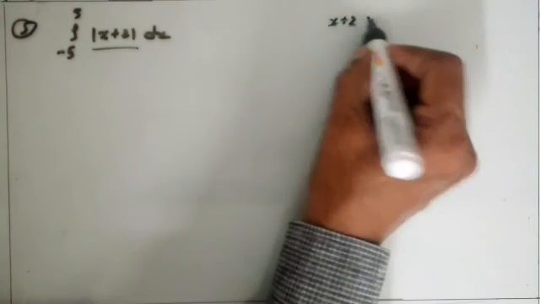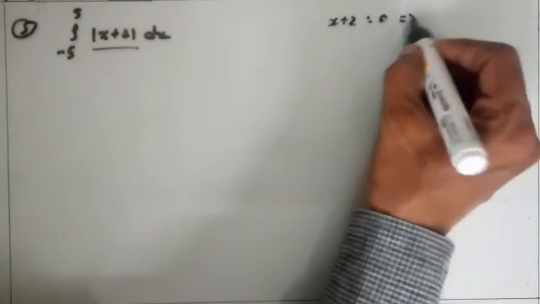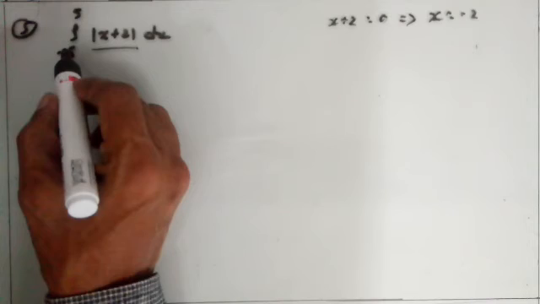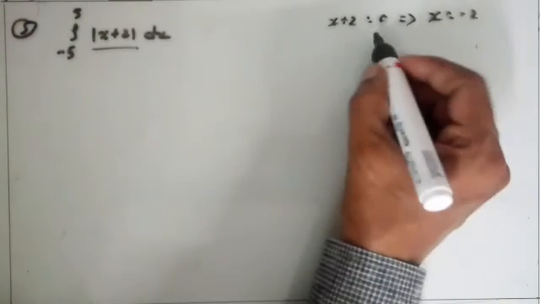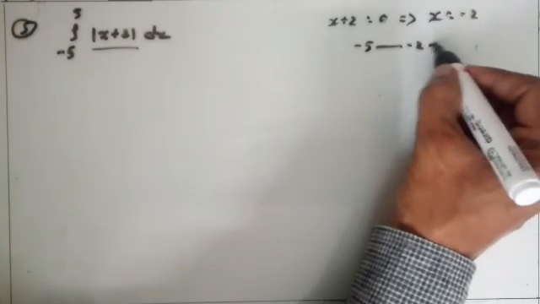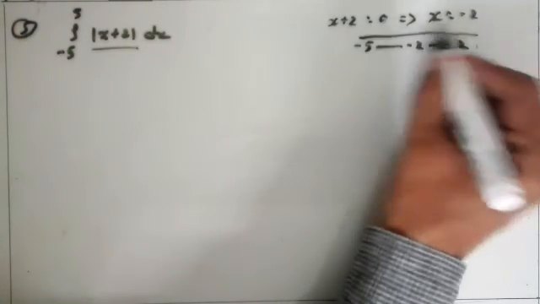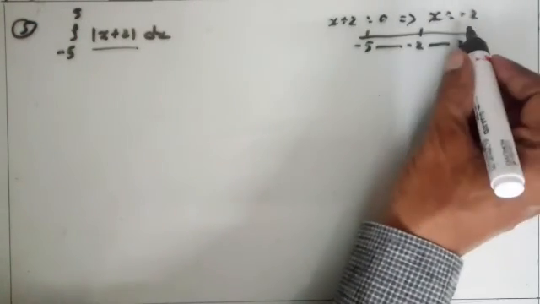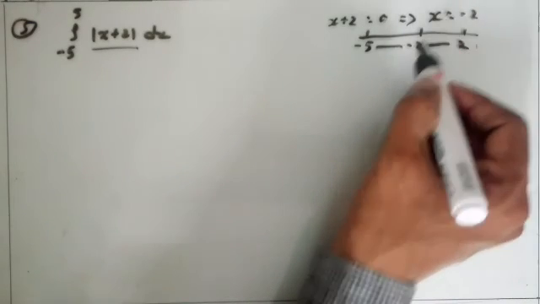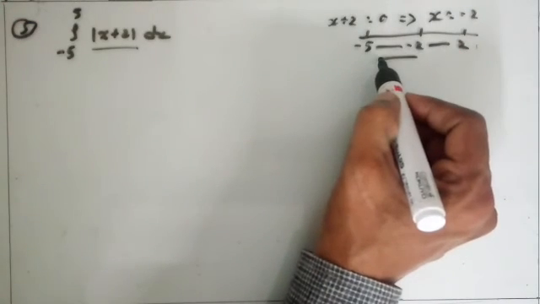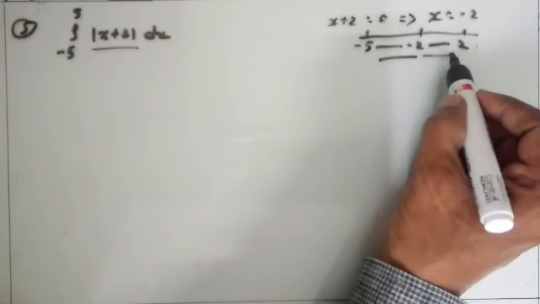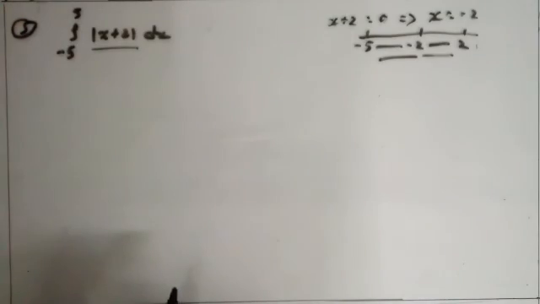So x plus 2 equal to 0, this implies x is equal to minus 2. So divide the limit minus 5 to 5 into two parts, minus 5 to minus 2 and minus 2 to 5. Clear? Because for x less than minus 2 it becomes negative, and for x greater than minus 2 it becomes positive.